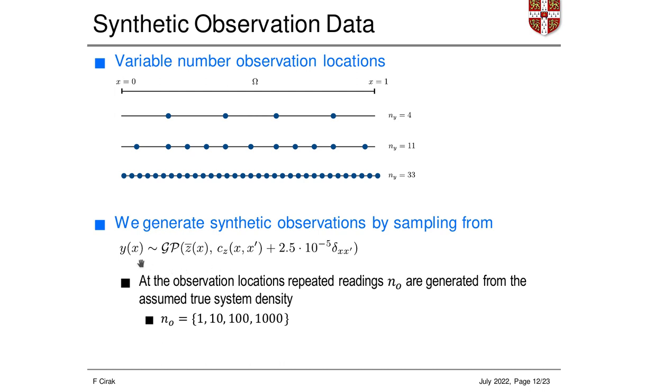You can see that this is essentially the true system response with some additive Gaussian noise. And at each of these observation points, we further create some repeated readings. The purpose is to see whether we can learn better when we have more and more data.